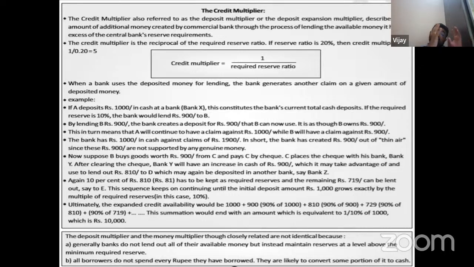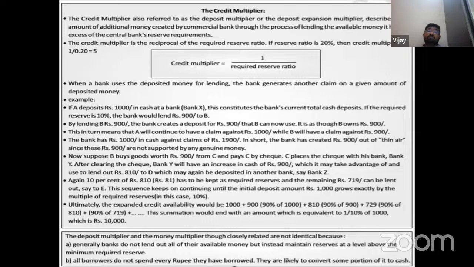That means the initial deposit is in the form of cash, fiat money created by RBI, the central bank. The balance 10,000 rupees is created by commercial banks, which I will call credit money. So total money supply in an economy comes to 11,000: 1,000 rupees initial deposit plus the credit money 10,000.